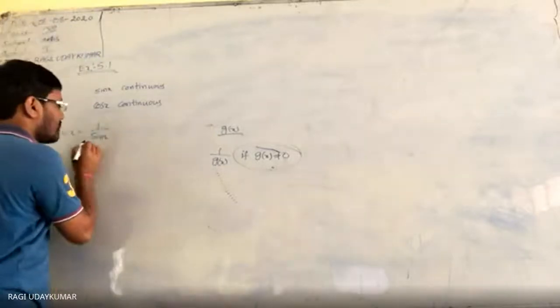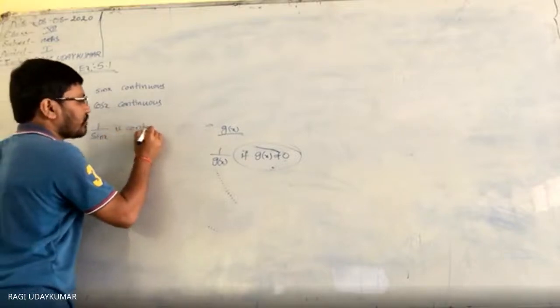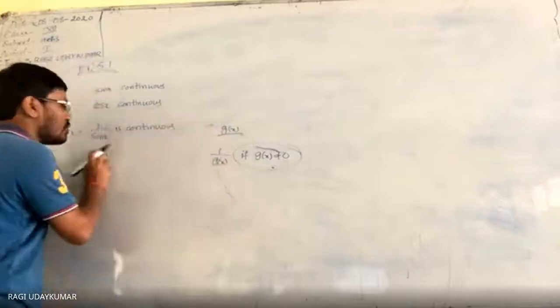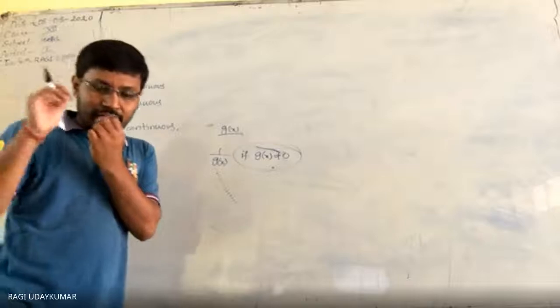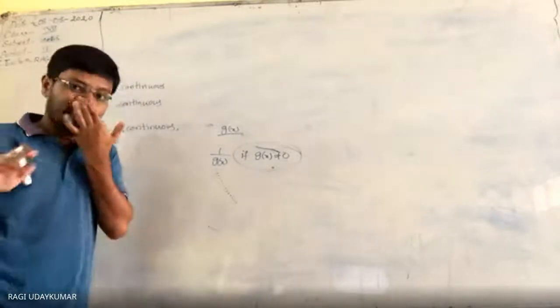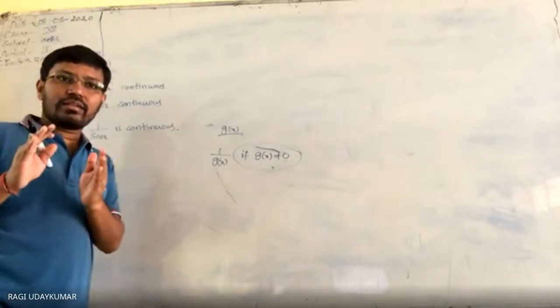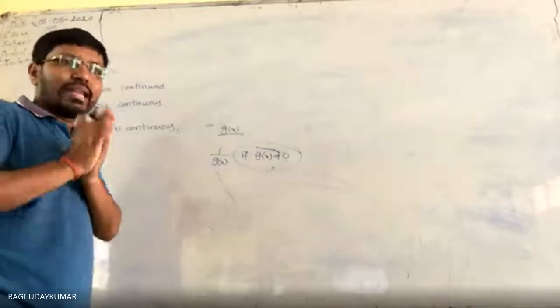So 1 by sin x, cosec x, is continuous except where sin x becomes 0. That means it is continuous if sin x is not equal to 0, which means x is not equal to n pi.